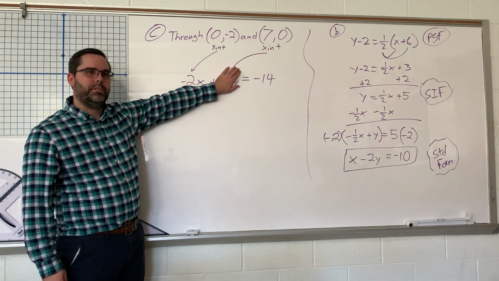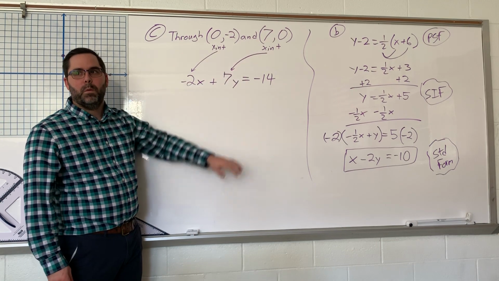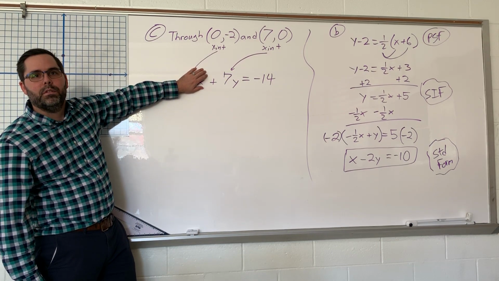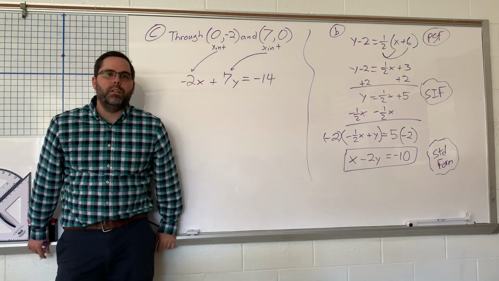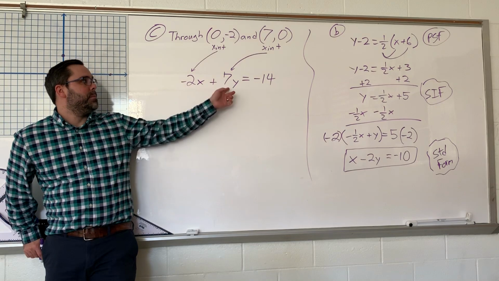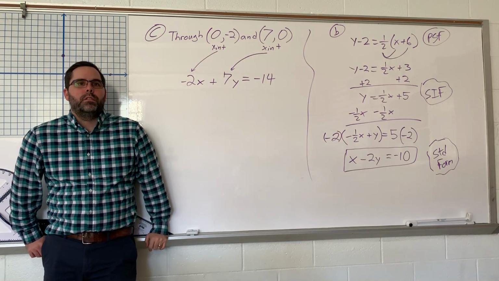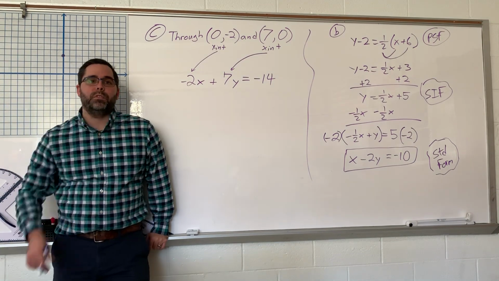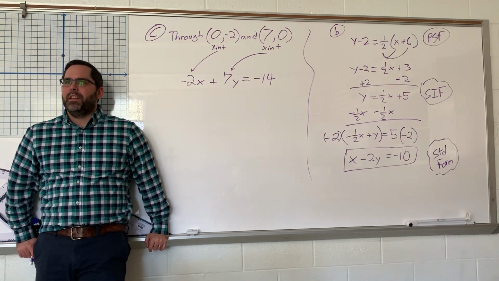So what's my x-intercept? 7. My y-intercept is when x equals 0. So what is my y-intercept? Negative 2. Yeah, Jalen. Negative 2 times 7 is negative 14. Oh yes, thank you. So we're not ready to go. Good job. Thank you for pointing that out, Jalen.